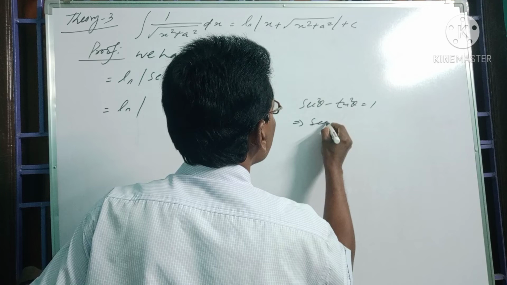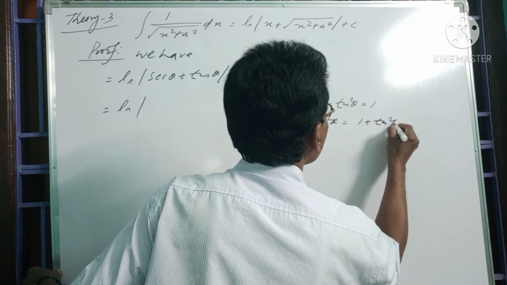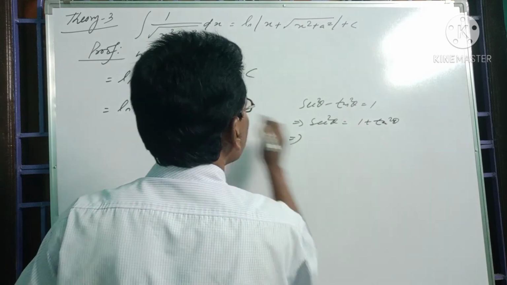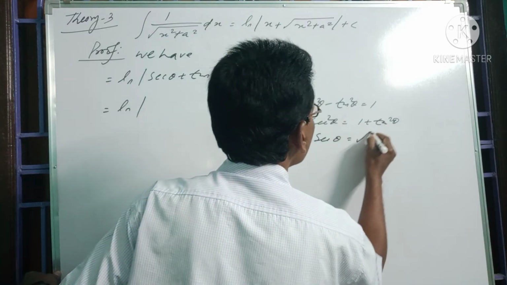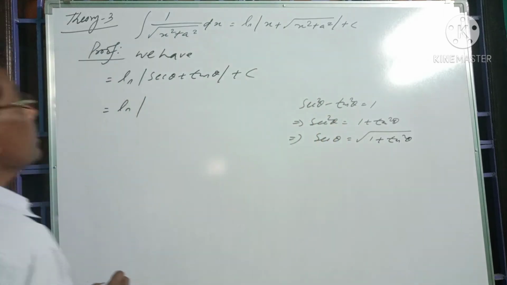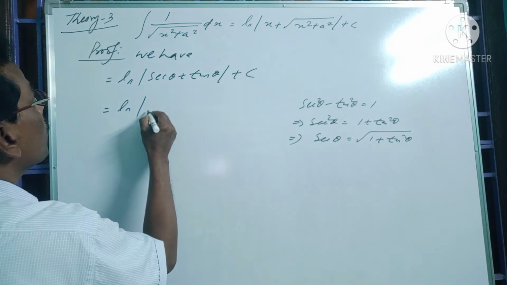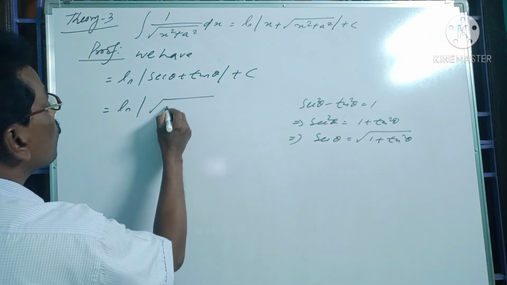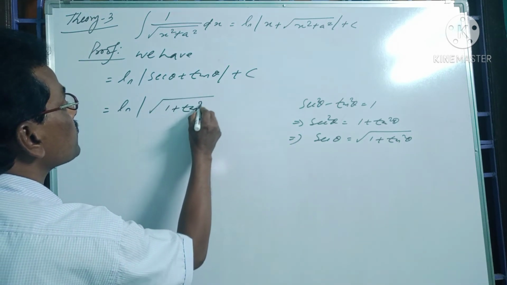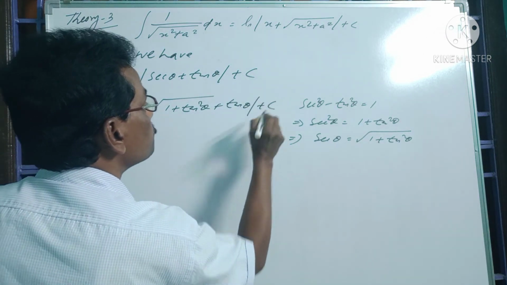So sec square theta is equal to 1 plus tan square theta, and sec theta is equal to root over of 1 plus tan square theta. So replacing in the result, in place of sec theta we have root over of 1 plus tan square theta, plus tan theta, mod, plus c.